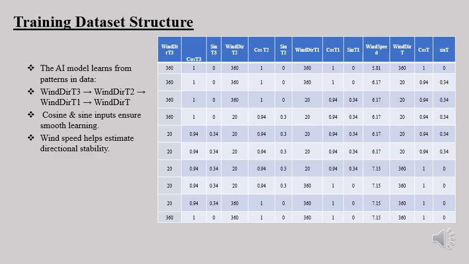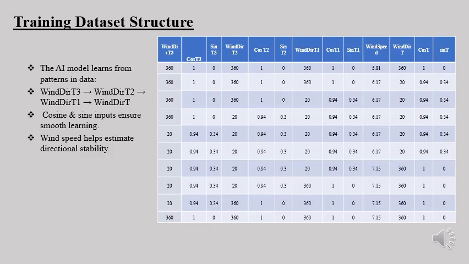This table shows how AI is trained and how AI predicts the next wind data. Based on the three most recent wind data, AI can predict the next data. Here T3 is the oldest data, T2 is the middle data, and T1 is the most recent data.